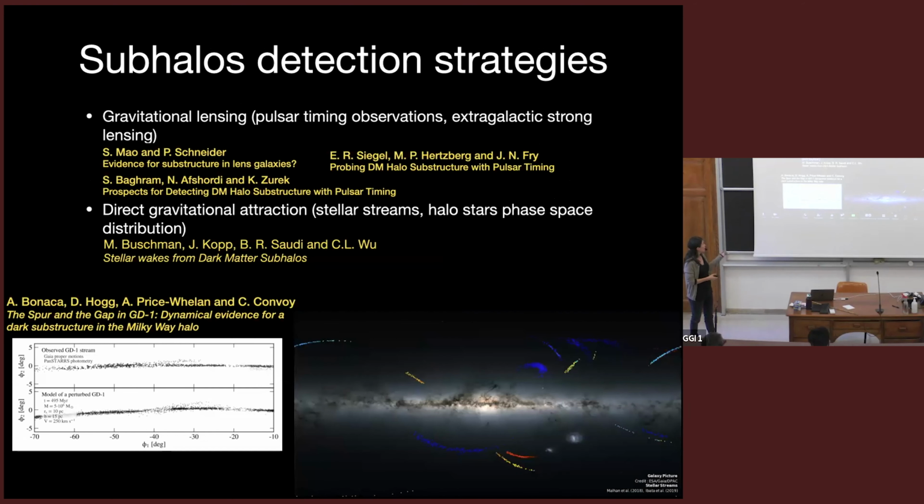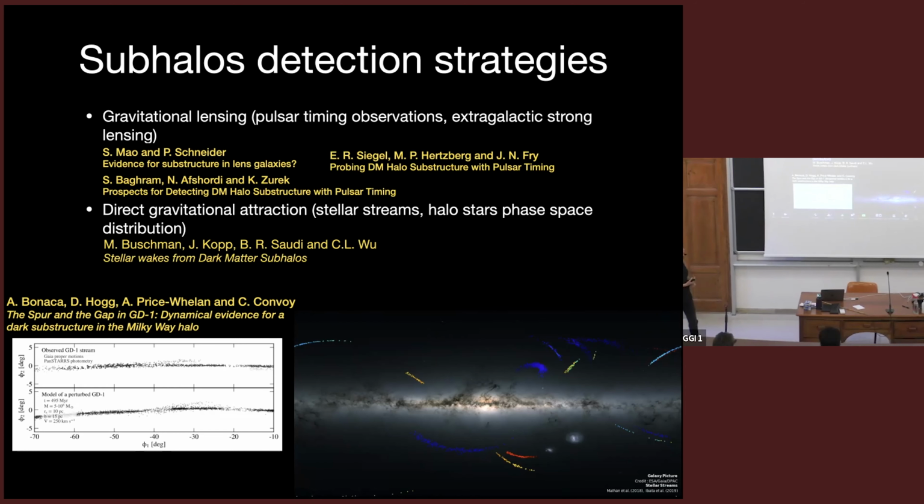There are several methods that people have been using to look for dark matter substructures on subgalactic scales. Some of these also rely on gravitational lensing, for example by looking for features in strong extragalactic lenses, or techniques have been suggested to look for time delays in pulsar timing observations.